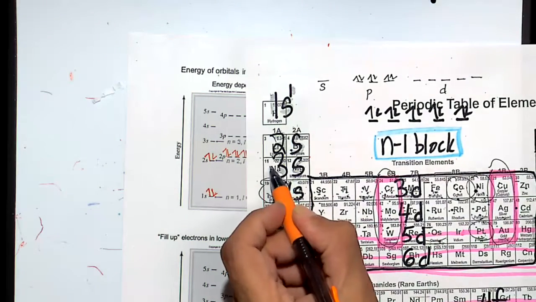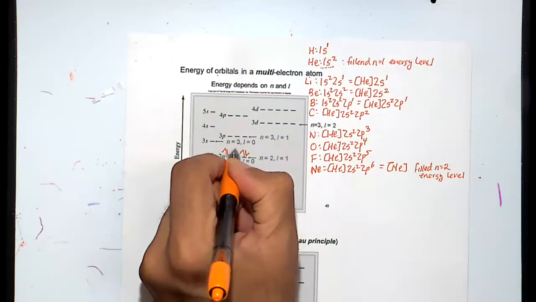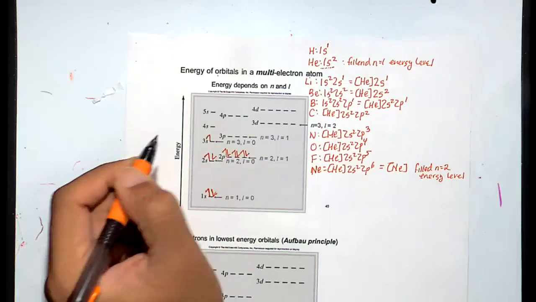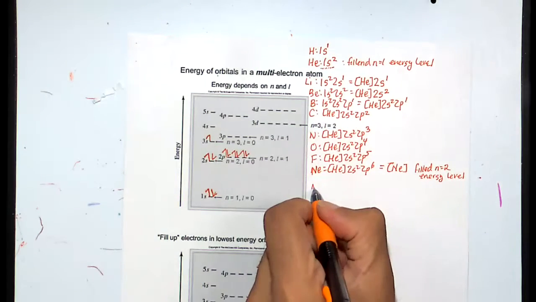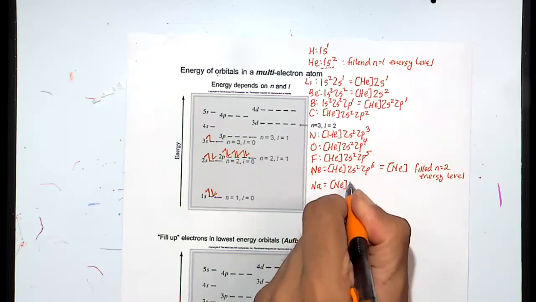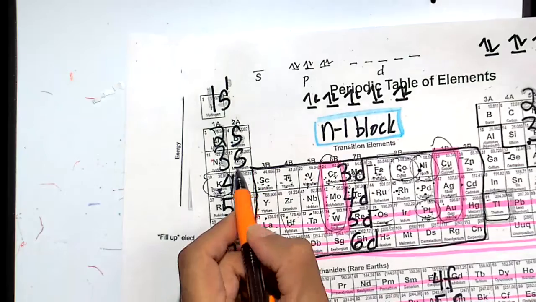Okay, sodium is at 11. So 1, 2, 3, 4, 5, 6, 7, 8, 9, 10, 11. So sodium is going to be neon 3s1. Okay, what's next here?